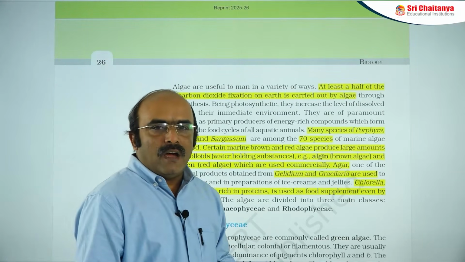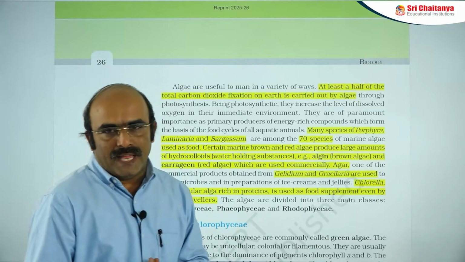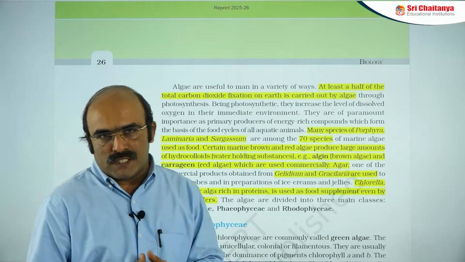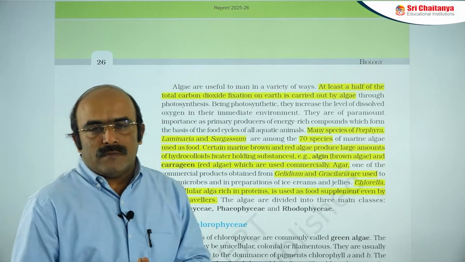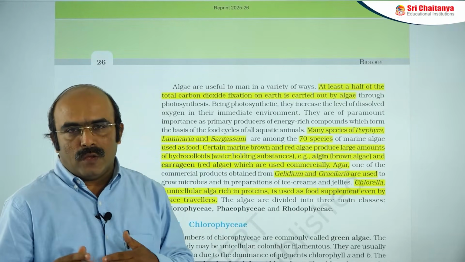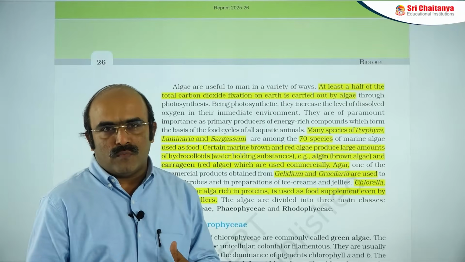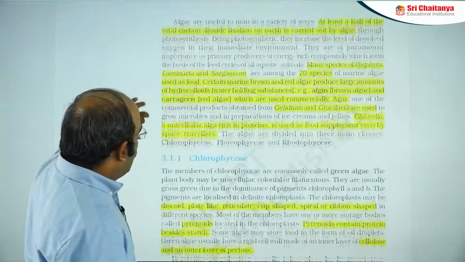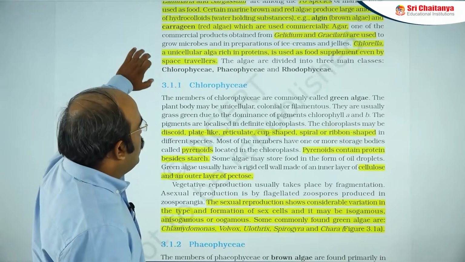So when we go for the classification of algae, based on the reserve food material and type of pigments present in them, they are divided into three different groups: green algae, brown algae, and red algae, that is, Chlorophyceae, Phaeophyceae and Rhodophyceae. Now let us see certain important points with regard to the Chlorophyceae members.